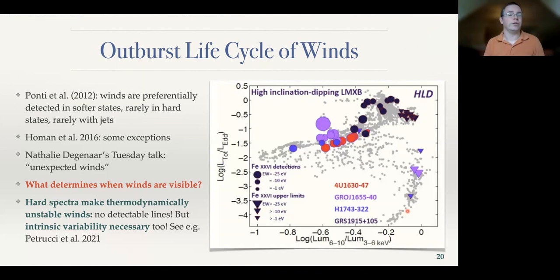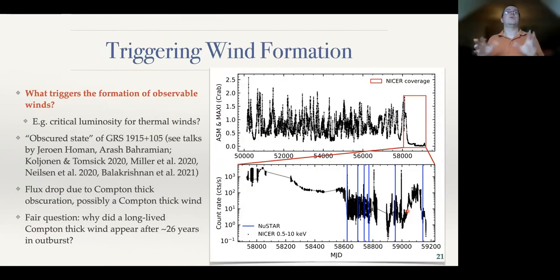You have to have some intrinsic variability in the outflow itself in order to explain the phenomena that we're seeing. So we know that it's not just a matter of ionization and not just a matter of thermodynamics, but there's real astrophysics happening too. There's moments when winds are turning on, and we don't have a good sense of what is the thing that's triggering the formation of these winds.